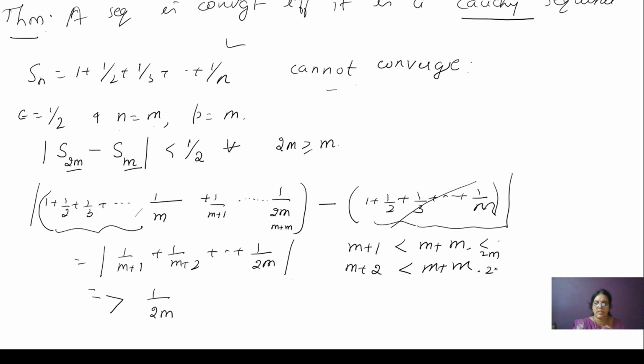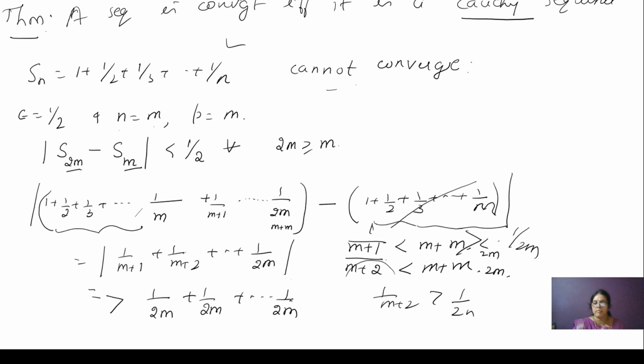M plus 2 is also less than 2m. But if you take the reciprocal, m is a positive integer, 1 by m plus 1 is greater than 1 by 2m. Similarly, 1 by m plus 2 is greater than 1 by 2m, like this. So each term is now greater than 1 by 2m.